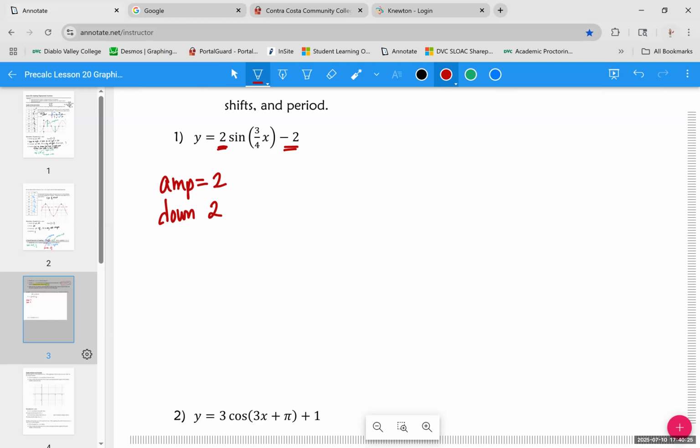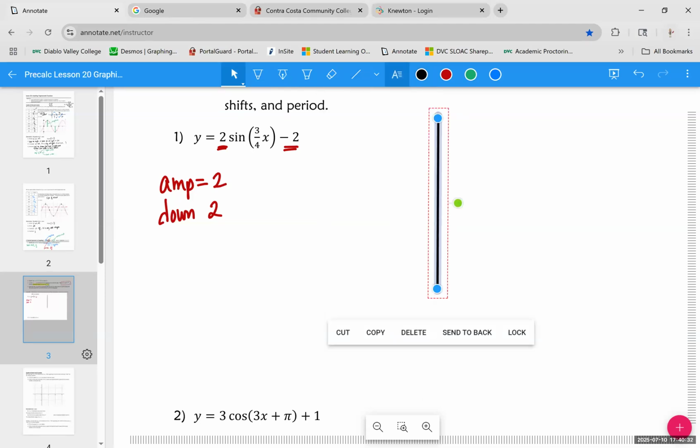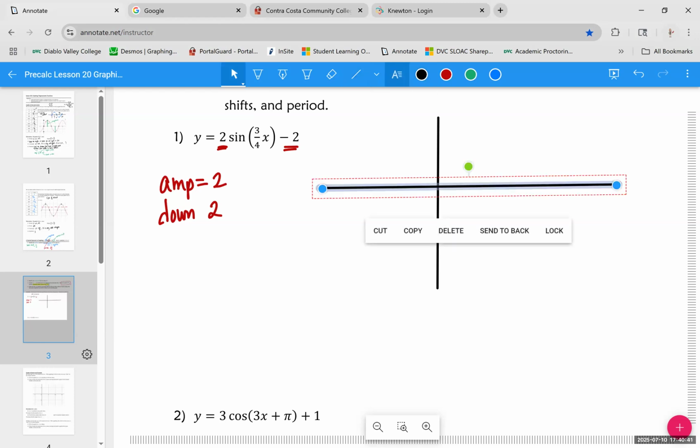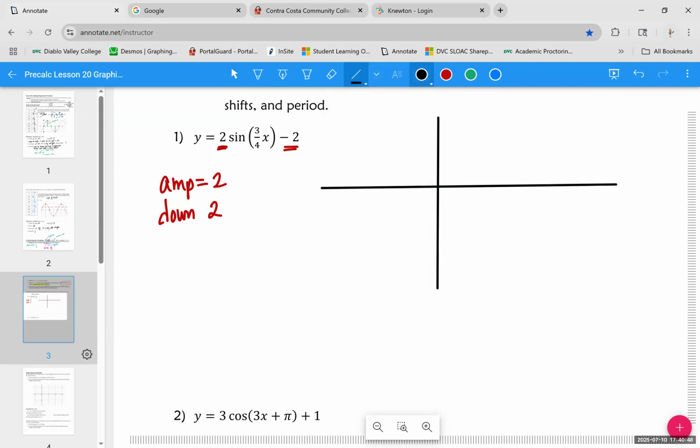So if I'm going to start to draw, I'm going to put an X and a Y here somewhere. All right, so if these were my X and my Y, I'm going to give myself a little tick mark here. 1, 2, 3, 4.